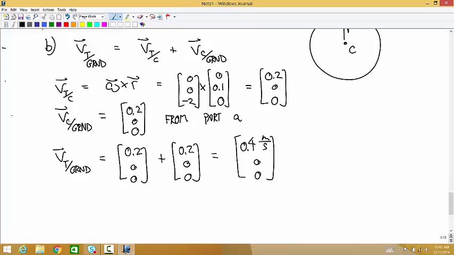So the top of the wheel is moving twice as fast as the center of the wheel.